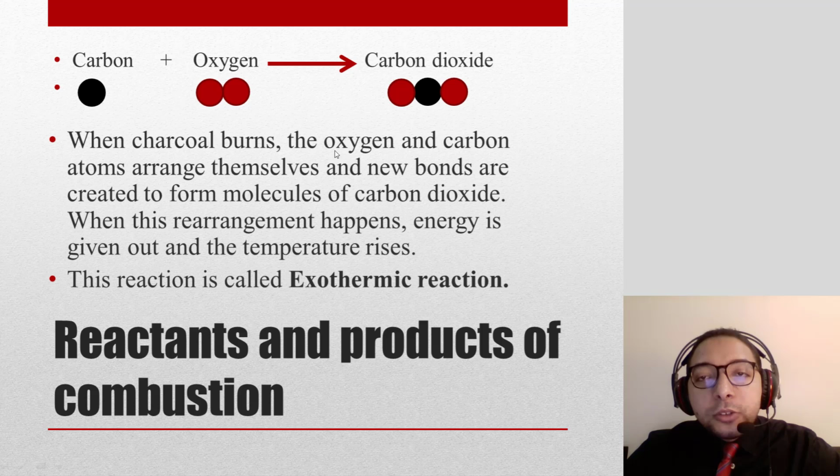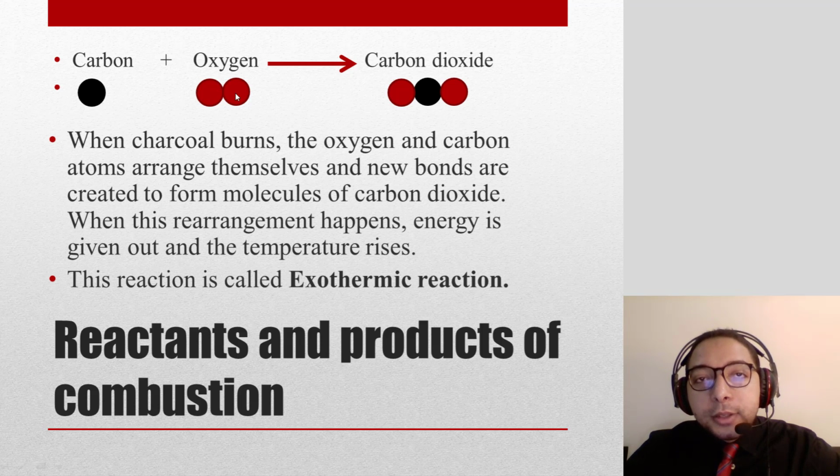So when charcoal burns, the oxygen and the carbon atoms are rearranged. You're going to change the position of the oxygen relative to the carbon, and you're going to make a bond. As you can see over here, the oxygens were attached together and carbon was apart. So carbon came in between.